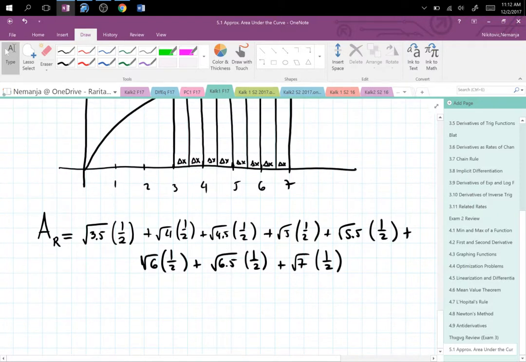Now I hope you see that you can actually, for this calculation, factor out 1/2 so you don't have to compute this forever, and then just do the square roots first.